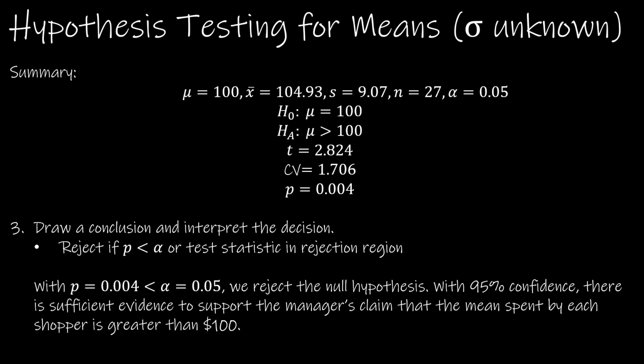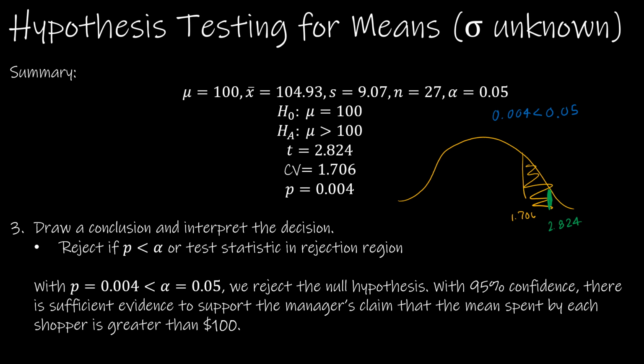So draw a conclusion. Looking at first the rejection region, if the critical value is 1.706 and my test statistic is 2.824, that says reject. Also, p 0.004 is less than 0.05, which says reject.